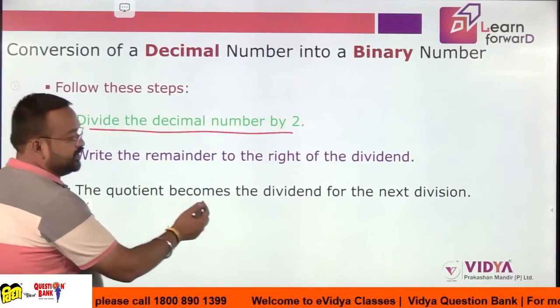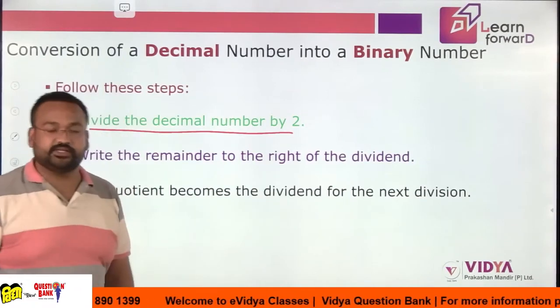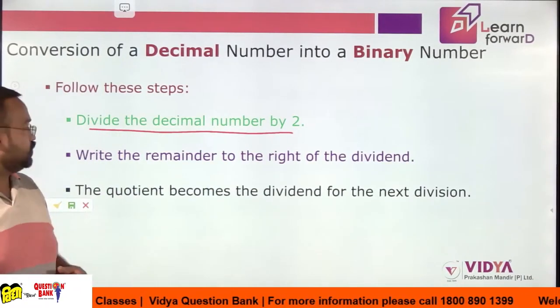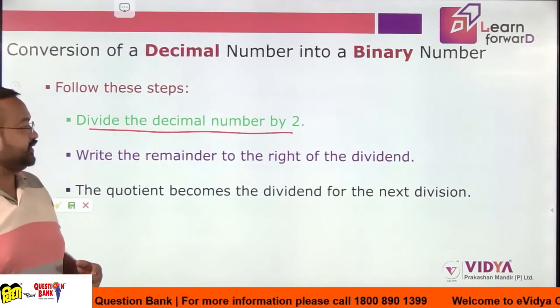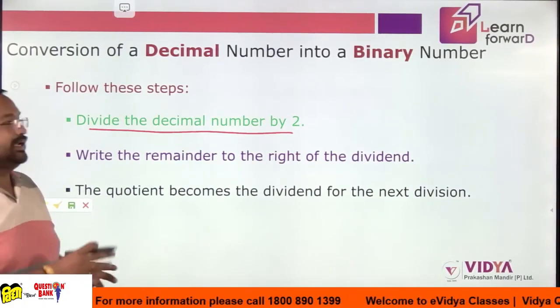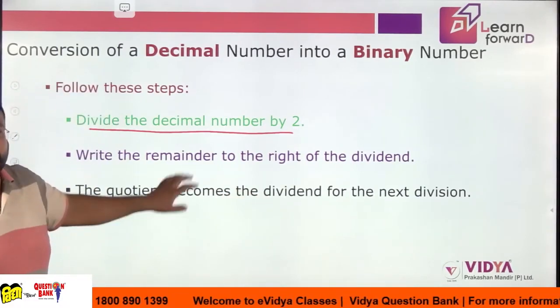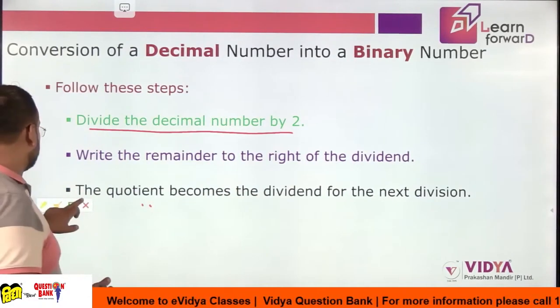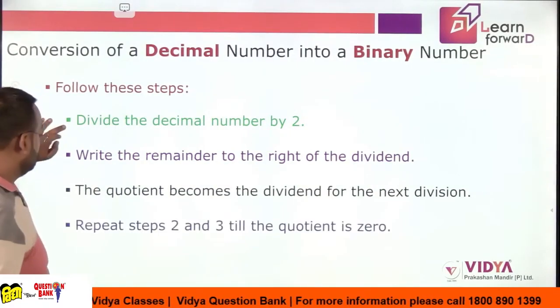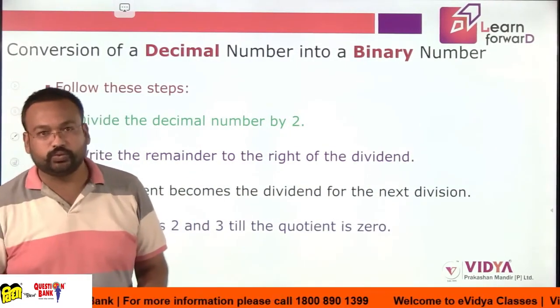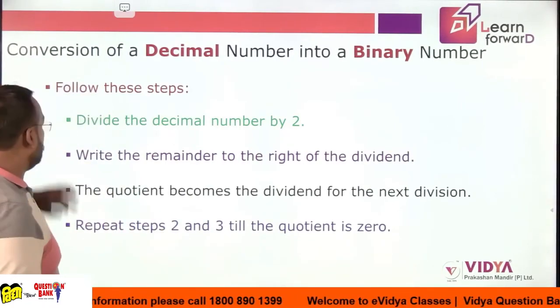The quotient becomes the dividend for the next division. That means once you divide by 2, you write the remainder to the right, and the quotient goes to the dividend part. This process is repeated until the quotient becomes 0. Let's see how we are going to do it.